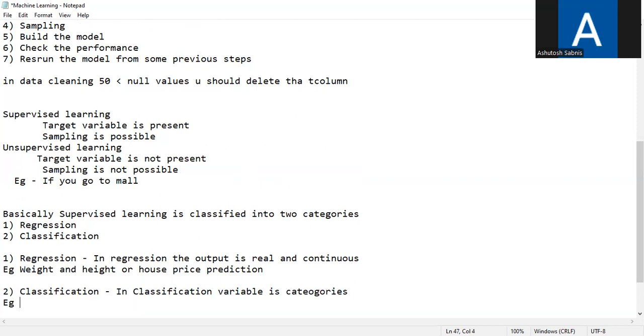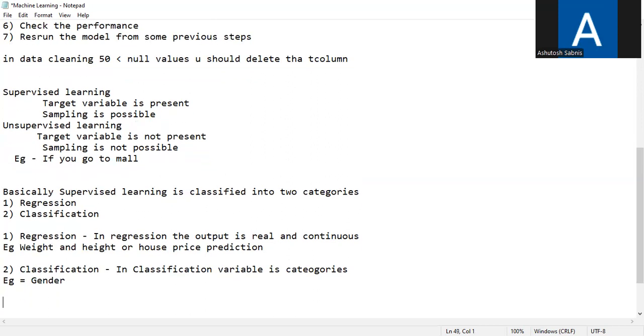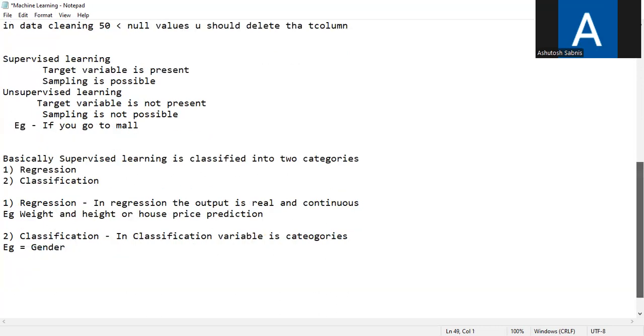Categories, for example gender, male, female, or yes, no type questions, yes, no type output. These are classification, right? So we have seen supervised learning. It is classified into two types, regression and classification. I've explained regression and classification. Now we will proceed to the next topic, that is linear regression.